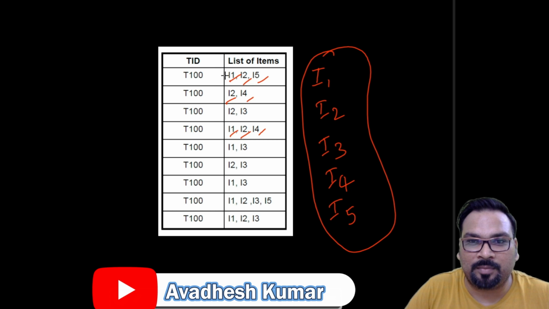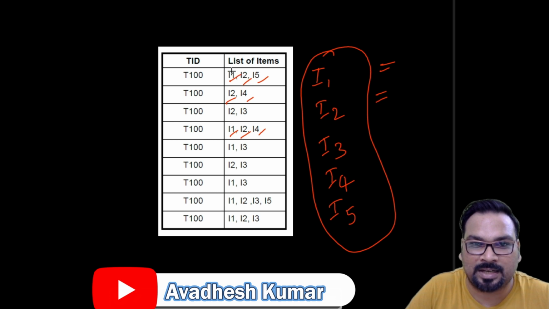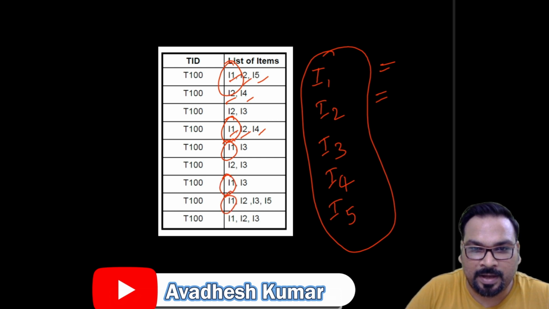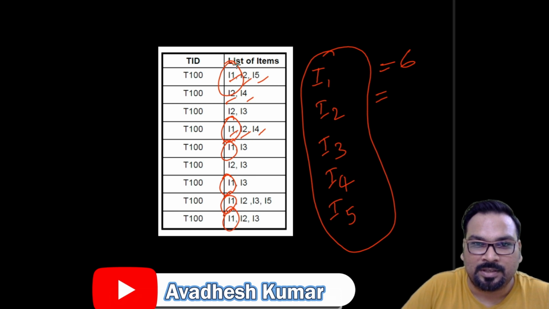Now I am going to set the frequency. Frequency is nothing but support. So how many times has I1 occurred? 1, 2, 3, 4, 5, 6. So this is 6. How many times has I2 occurred?